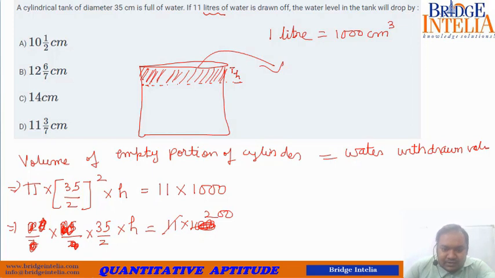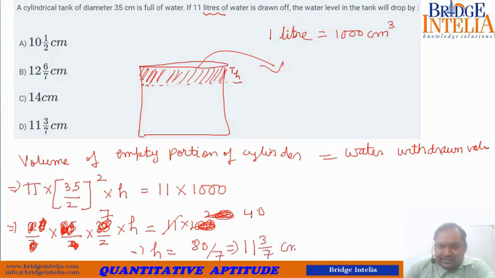Now this 35 and this 200 will also get cancelled. 7 and 40. So h comes out to be 40 into 2, that means 80 upon 7. So this will be equal to 11 3 by 7 centimeter. So this must be the correct answer.